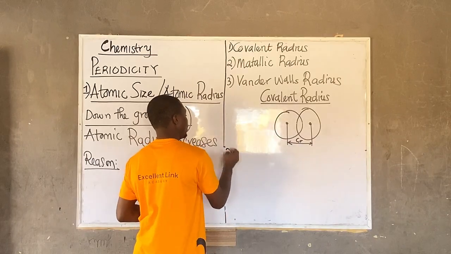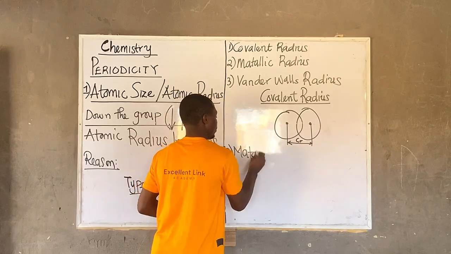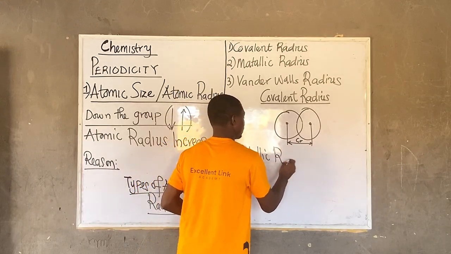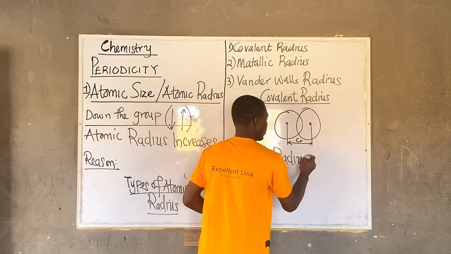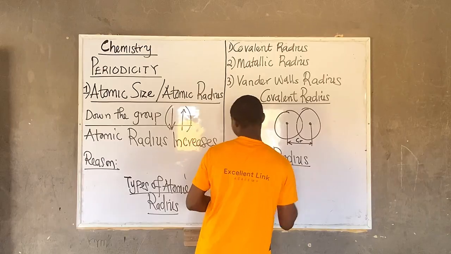Number two, please. We have the metallic radius. For this one here, let us call it metallic radius.